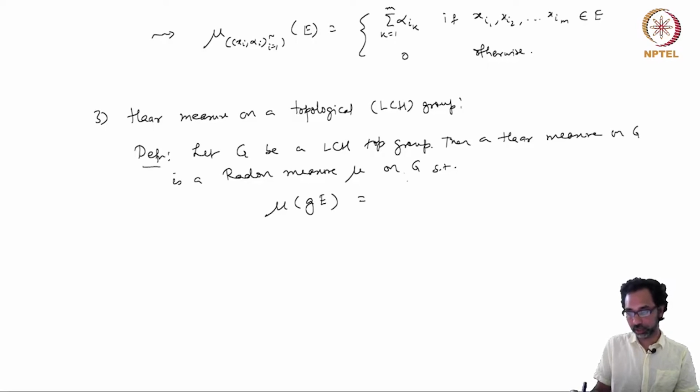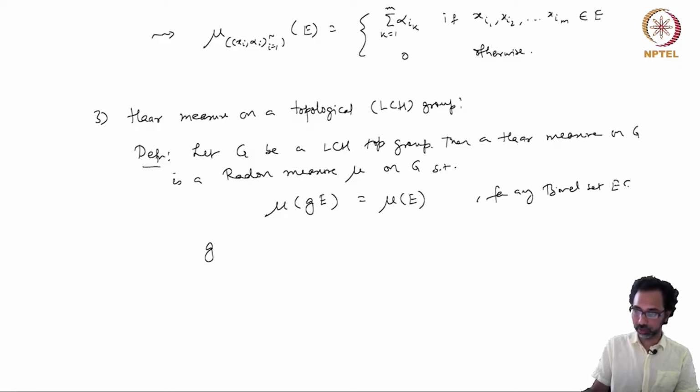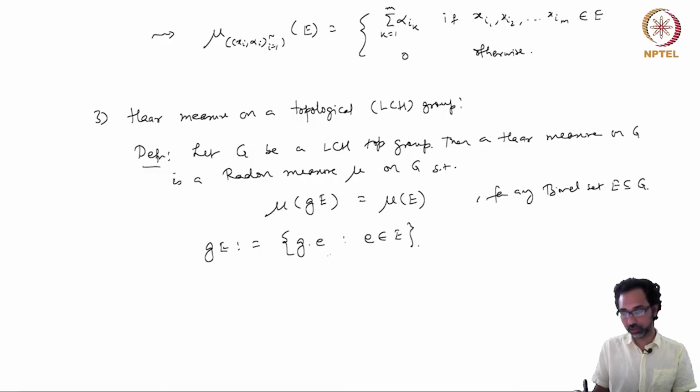the measure of gE is equal to the measure of E, where this is for any Borel set E inside G, and gE is by definition the set of points g times e such that e belongs to E. So here we are just using the group operation.